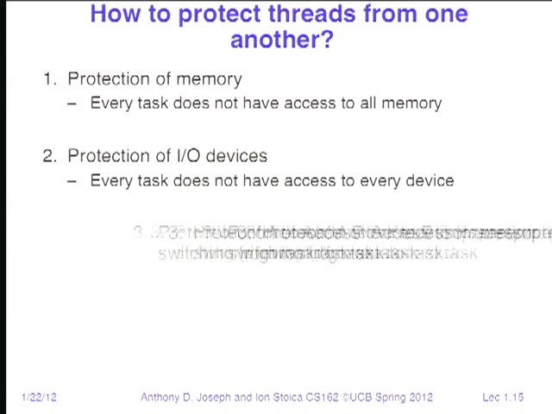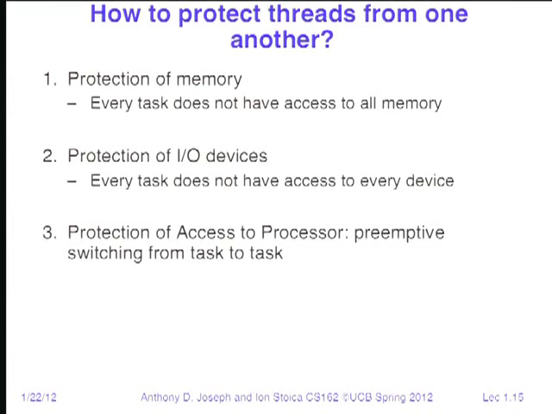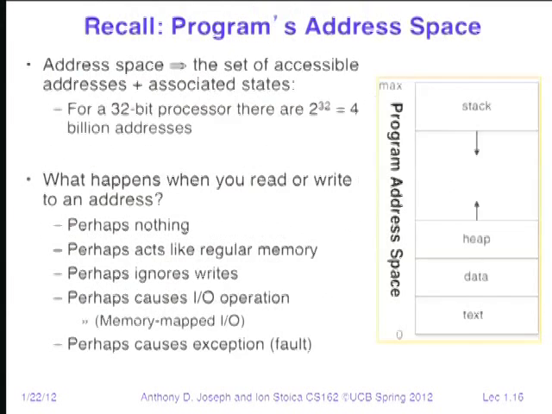And then we can protect the processor. We can mediate the switching from one task to another through the processor by using a timer, and making sure that the user thread can't turn off that timer. So we're going to force it to give up control if it doesn't give up control.